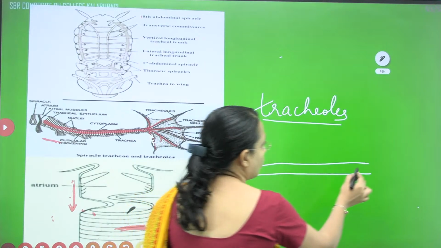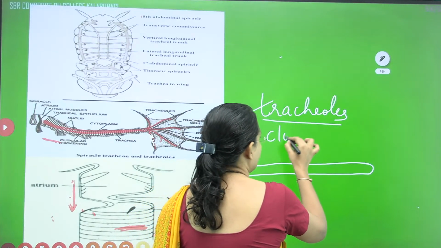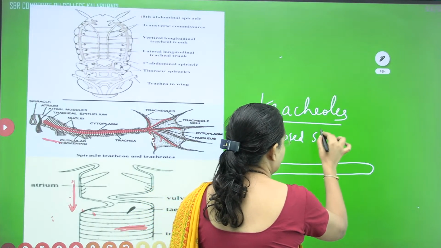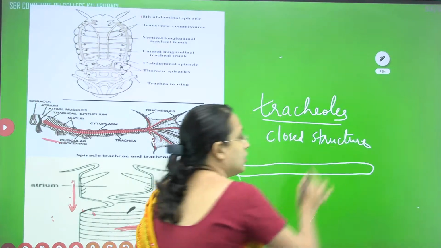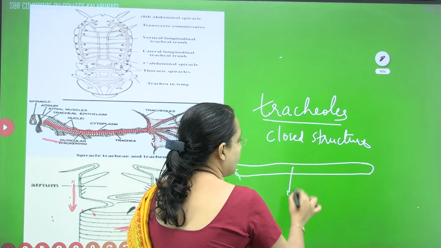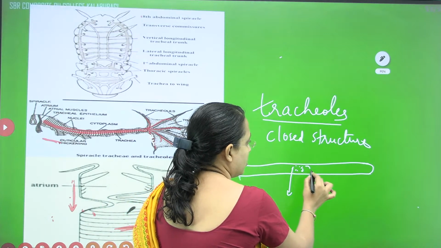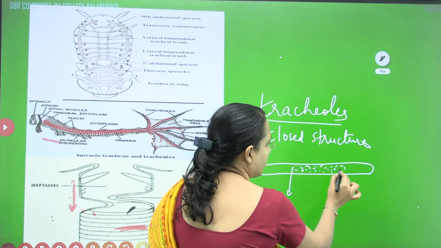And this tracheole is closed. It is a closed structure having a fluid called tracheolar fluid. So this will have a tracheolar fluid.